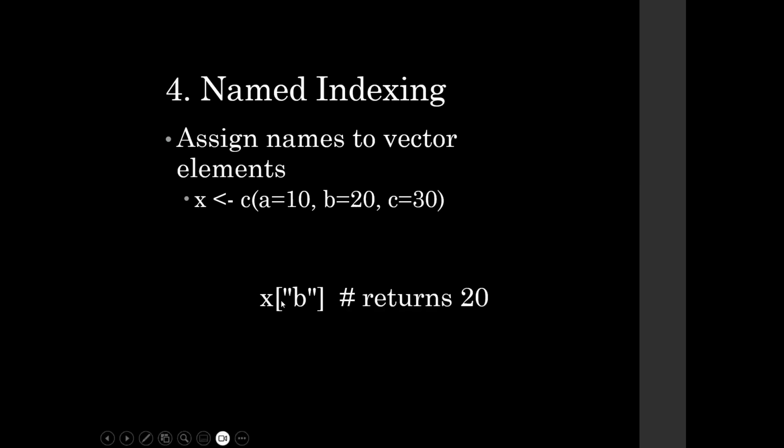For example, using x followed by square brackets, and then in the double quotes, you mention the name of the element that you want to extract. For example, in this case, it is B. Then this will return 20. So if you write B in the quotes, it will return the value associated with B.